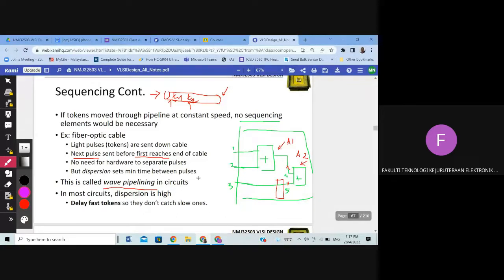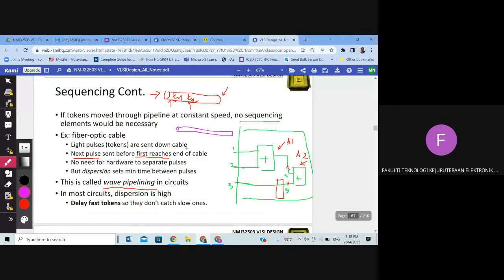There is also an example here that explains the pipeline. We have a fiber optic cable, we have discussed this, for us to transfer multiple pulses using the same line of fiber optic cable. So we share the same cable, but we want to transmit multiple pulses.